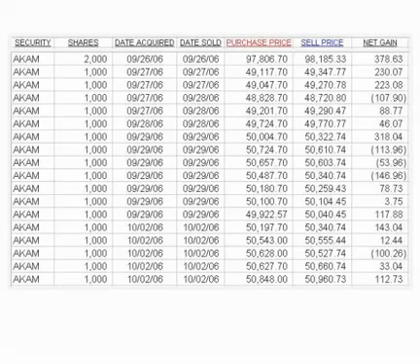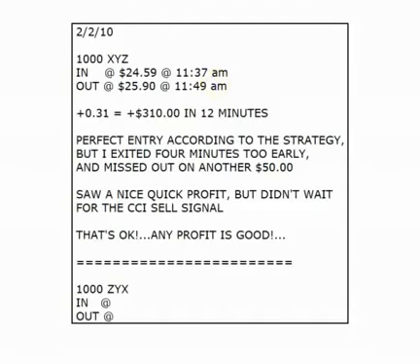Now, at the end of each day, if you're a day trader, you have to enter each one of your trades. You'll need to do this for your own personal record keeping, but also to file your taxes. And I also recommend keeping a journal. I handwrite mine out, and at the end of the day, I'll type it into a folder I keep for my journal, that I put the date and how many shares of XYZ, the price in, the price out, how many cents I made, how many dollars I made, how long it took to make, and then I make some comments about the trade.